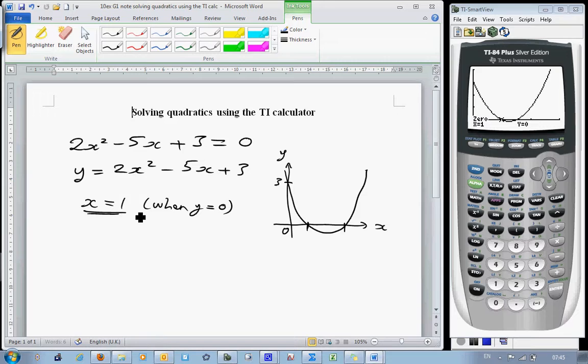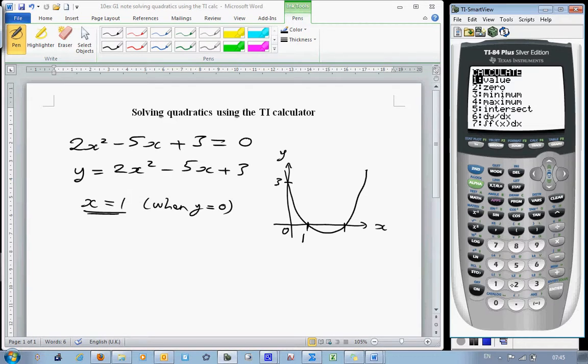Do the same again, second calc, number 2, come across, that's it. Oh, let's try that again, something's gone wrong with that. Okay, graph, second calc, number 2. Enter.